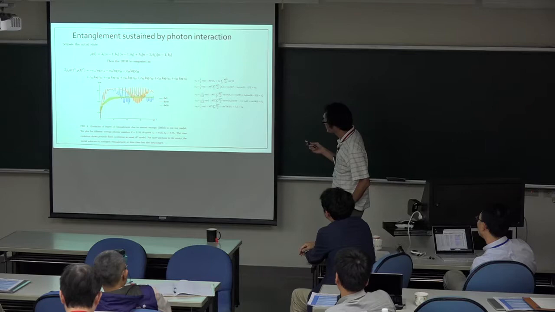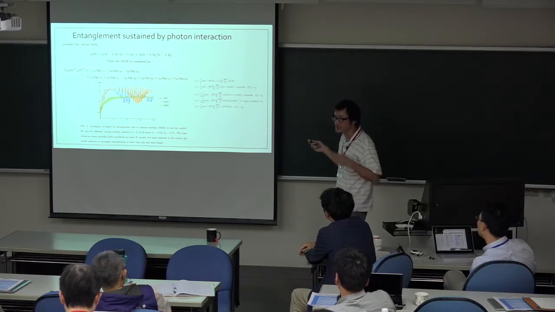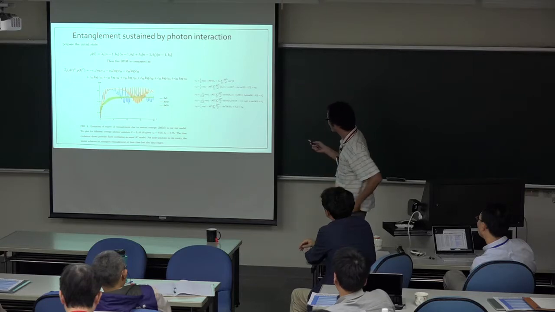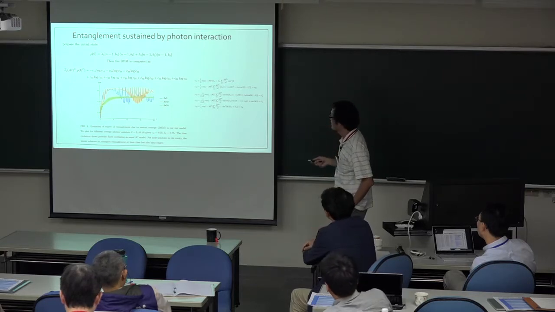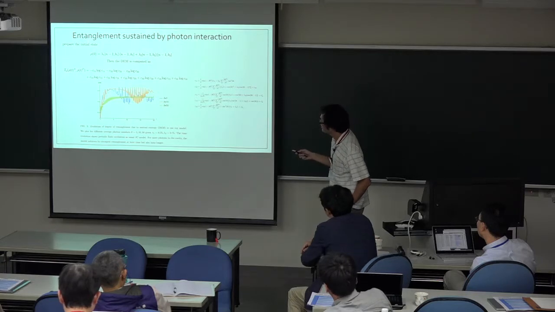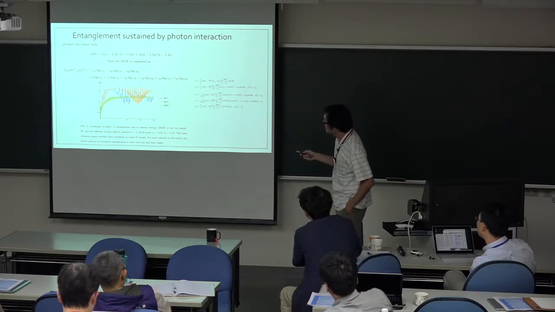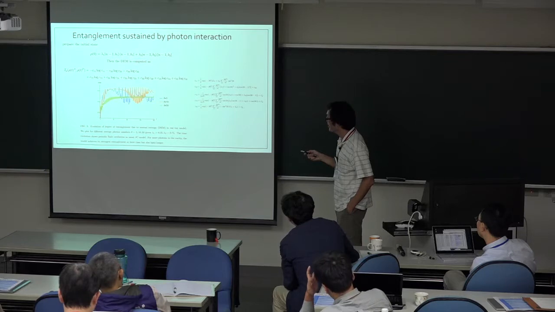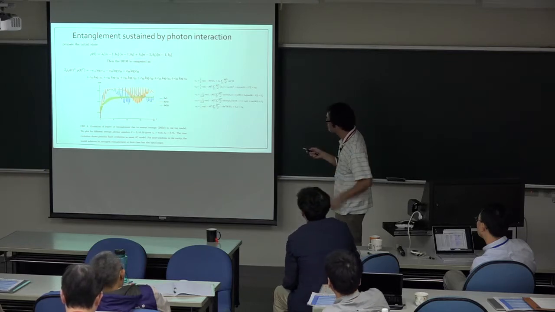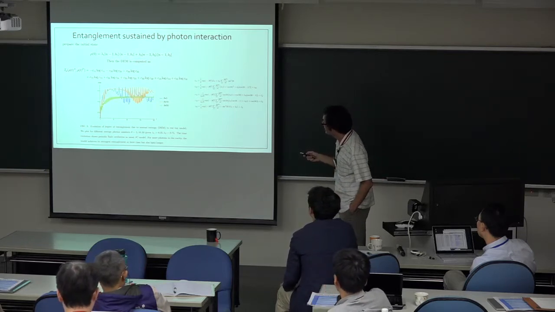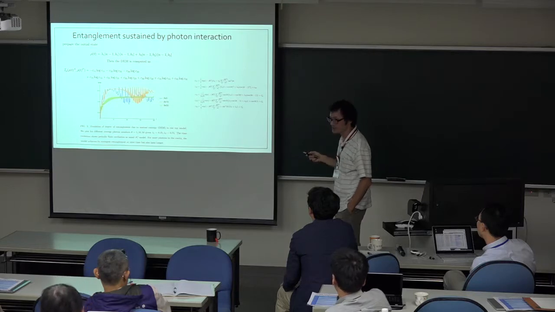In this case I just assume it's like a cavity QED in the coherent states. You have this coherent factor for the photon, and then you calculate this mutual entropy, and then you draw the picture.